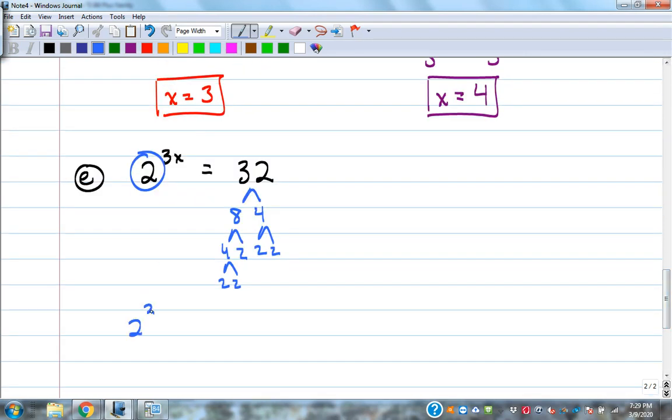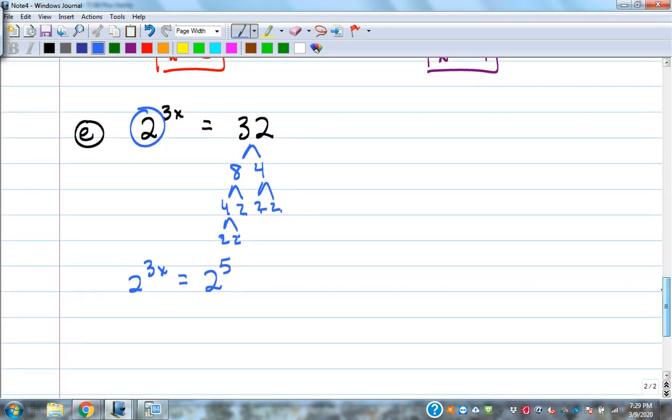So that's 2 to the 3x is equal to 2 to the 1, 2, 3, 4, 5. Once I've rewritten it with the same base, the equation that I have to do is now 3x is equal to 5.